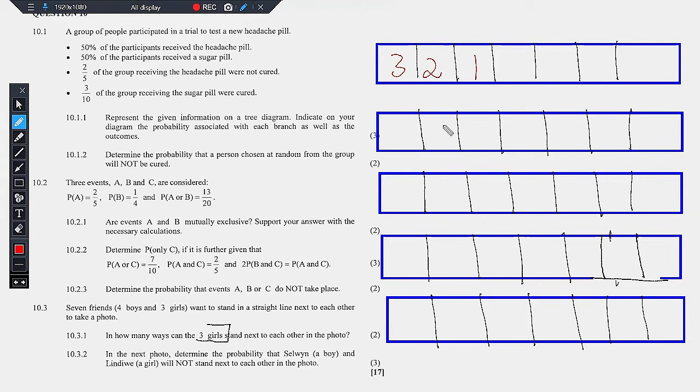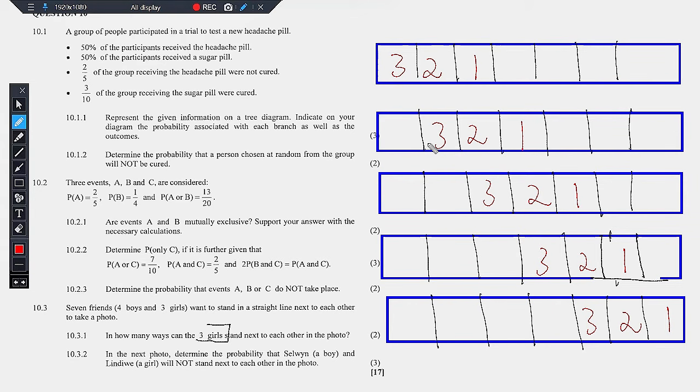Then if the first girl is here, then it's the second girl, then the third girl. Right. So this is how we can always ensure that the 3 girls are always standing next to each other.